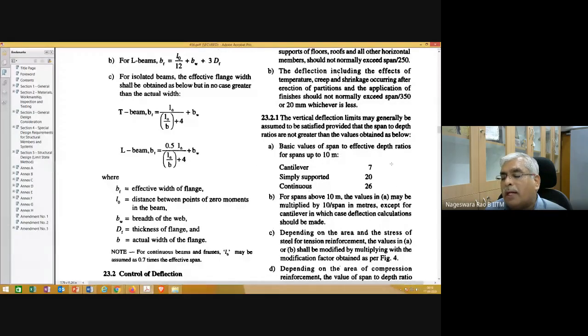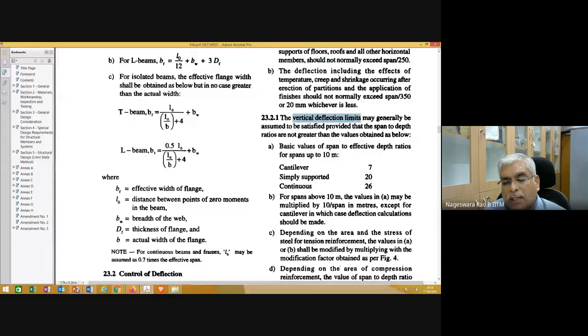So using the information given in 23.2.1 in IS 456, page 37, we found the vertical deflection limit, that is 20 multiplied by 10 divided by 12 times 0.89. That is the deflection limit given in the code.